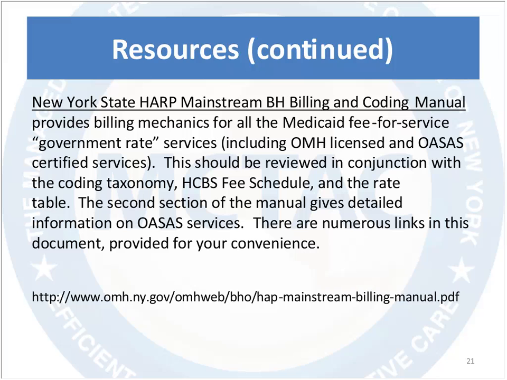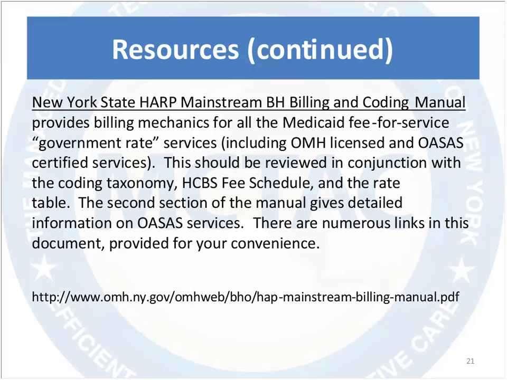You should also review this in conjunction with the coding taxonomy and the home and community-based service fee schedule and the rate tables. The second section of this manual gives you very detailed information regarding the OASIS services also. And throughout the document, there are numerous links, provided for your convenience, to regulations.